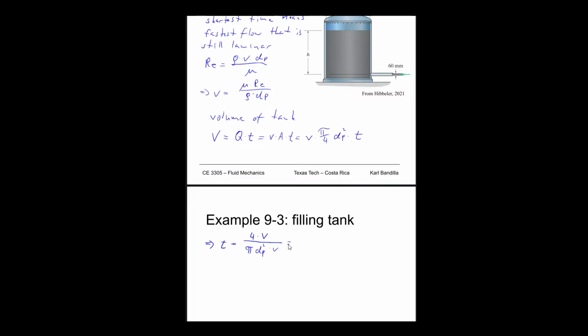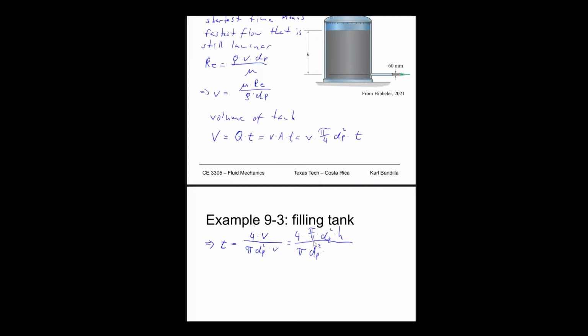All right, so we want to find this time when the tank is at 2 meters depth. So we can say that would be 4 times the volume of our tank, which is the area, so pi over 4 times d of the tank, let's say dt squared, times the height, which is h, divided by pi times dp squared.